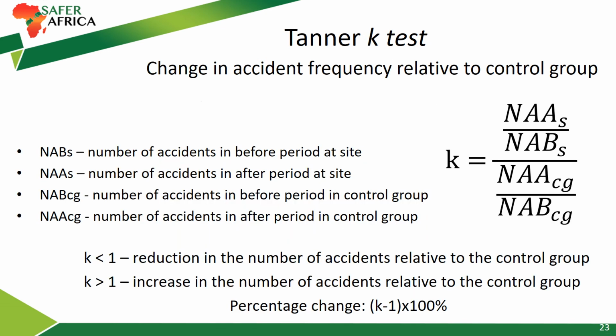There are several ways for comparing the developments in road safety level at the control sites and at the corrected site. One of them is to use the Tanner K-test, as shown.